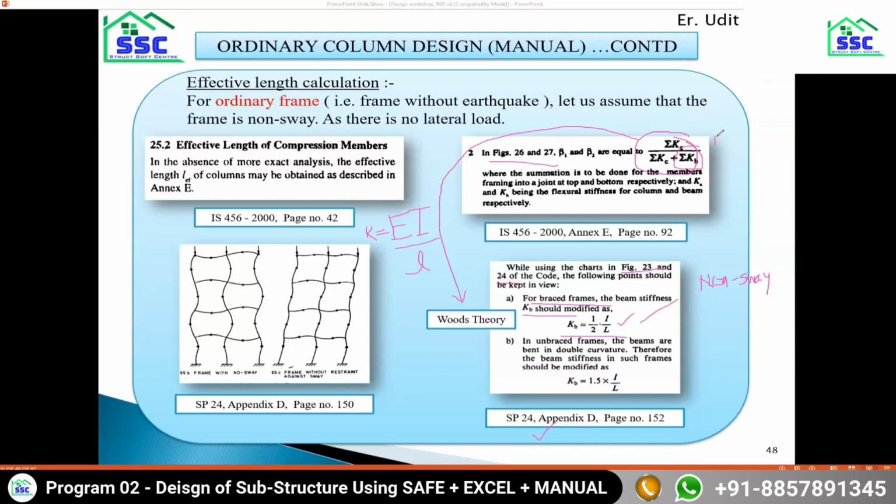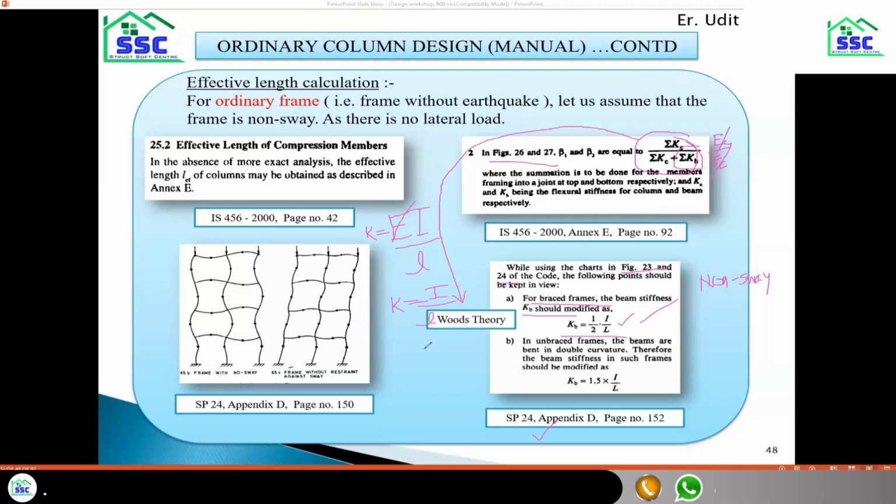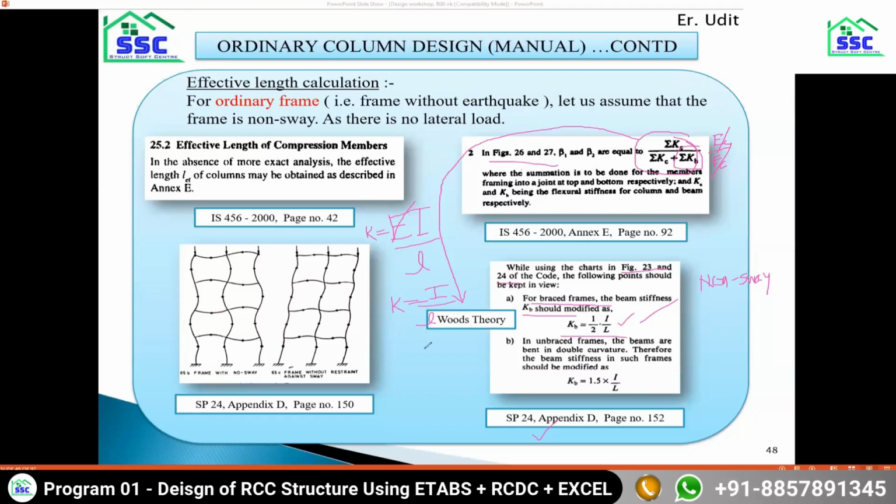So we can take the factor E outside, which is nothing but the modulus of elasticity of concrete, Ec, and they will cancel out each other. So right now for us, the K value is equal to I by L only. Flexural stiffness K is equal to I by L.